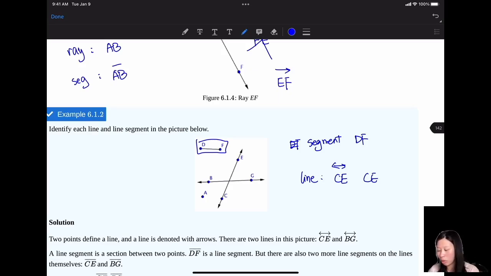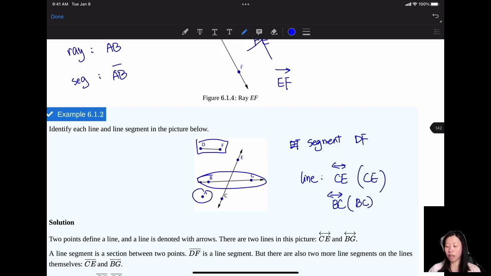And then there's another one, BC, which is from B to C, with two arrows because it goes on forever in two directions. Or you can write it in this way, either way. Okay, A is not a line or segment, it's just a point.